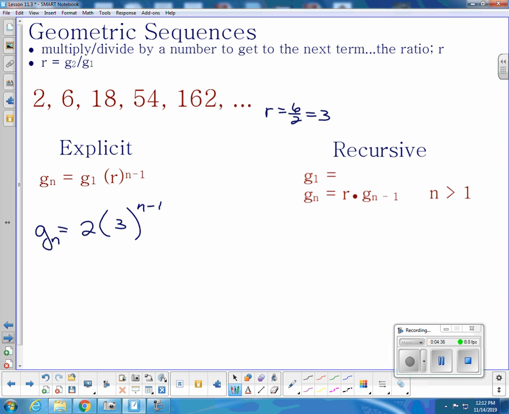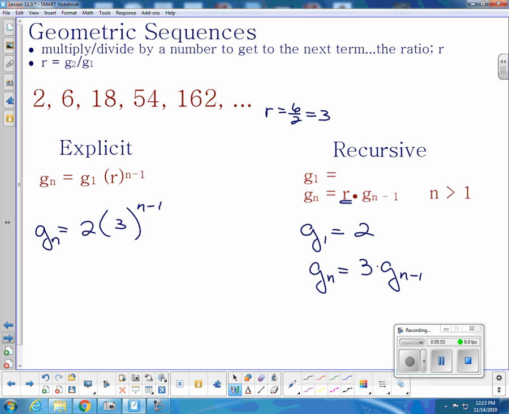To write it recursively, if you remember recursive formulas, you have to have a first term given. So I'm going to say the first term is 2. And then for every term after that, you're going to write the ratio times the previous term. So remember, it's a subscript N minus 1 to show previous term. And that's it.